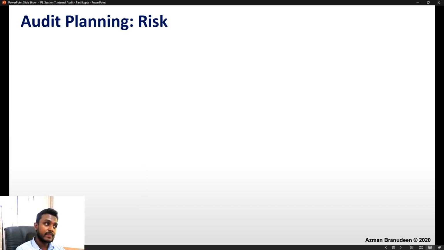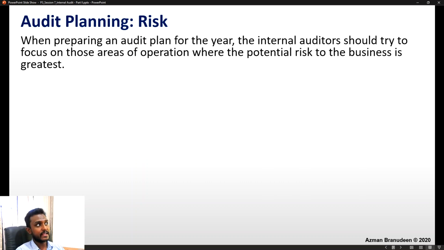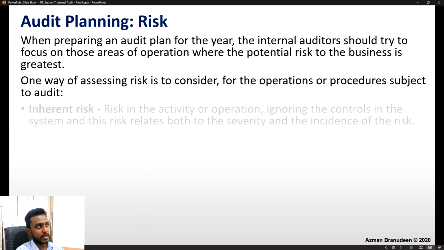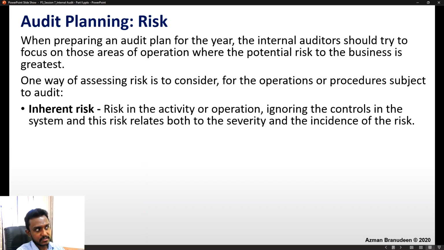Let's take a look at the risks related to audit planning now. When you prepare an audit plan for the year, the internal auditors should try to focus on those areas of operation where the potential risk to the business is greatest. Now, one way of assessing the risk is to consider, for the operations or procedures subject to audit, the inherent risk.